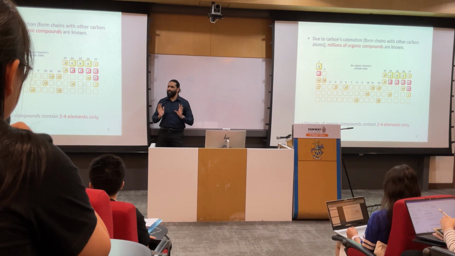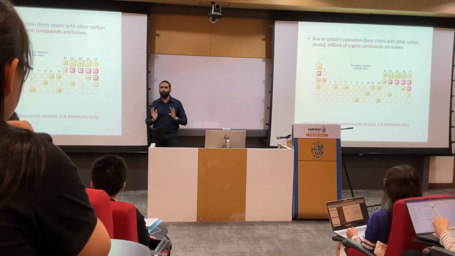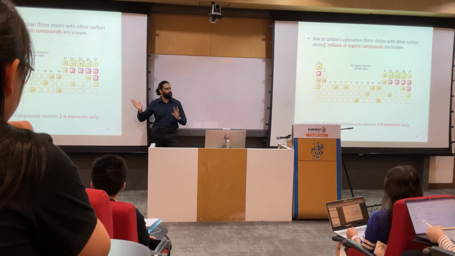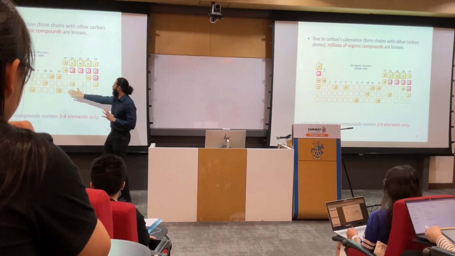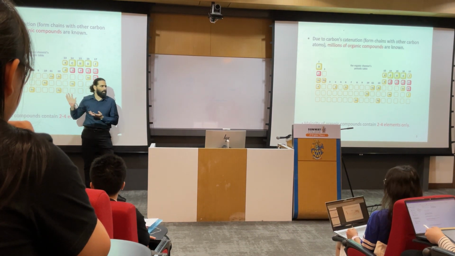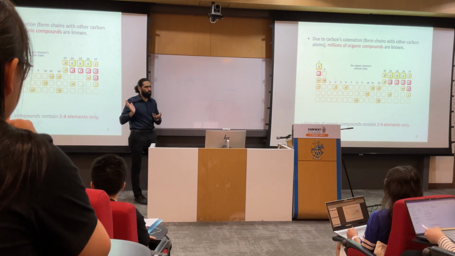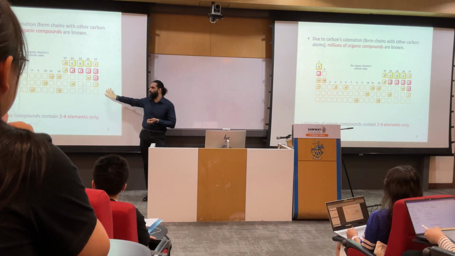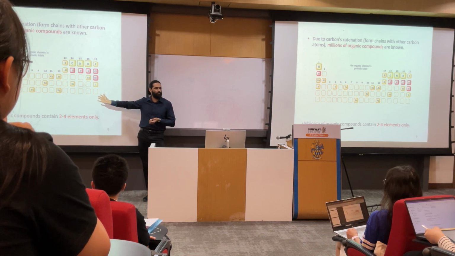Do you have any idea how many organic compounds there would be in the world? Because you see that there are so many elements which are not included in organic compounds. So only a few elements are covered in organic compounds, right? So there would be very few. Correct?